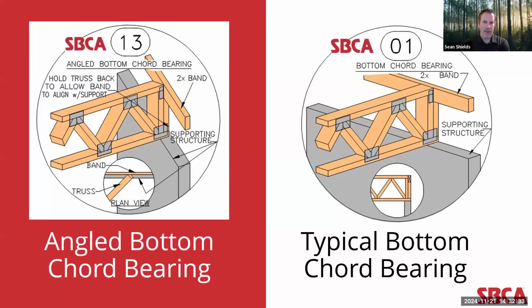Another thing to note though is that the bearing area of the angled truss will be significantly reduced. And this affects the allowable span length of the floor truss in this scenario.